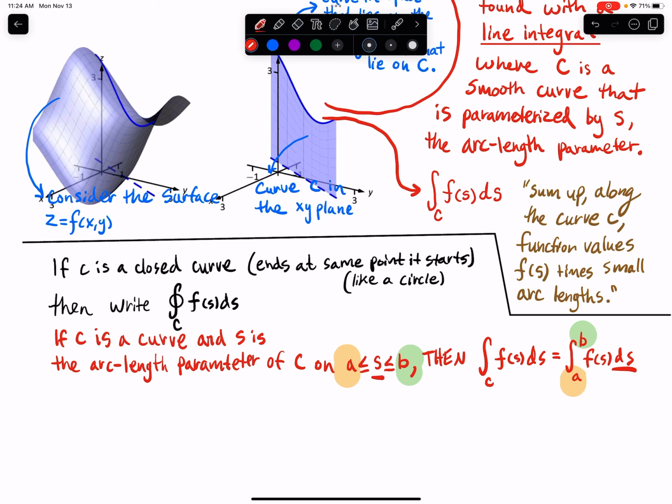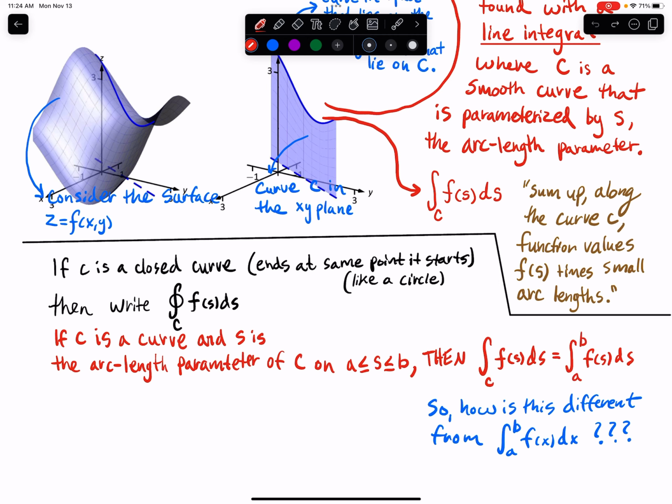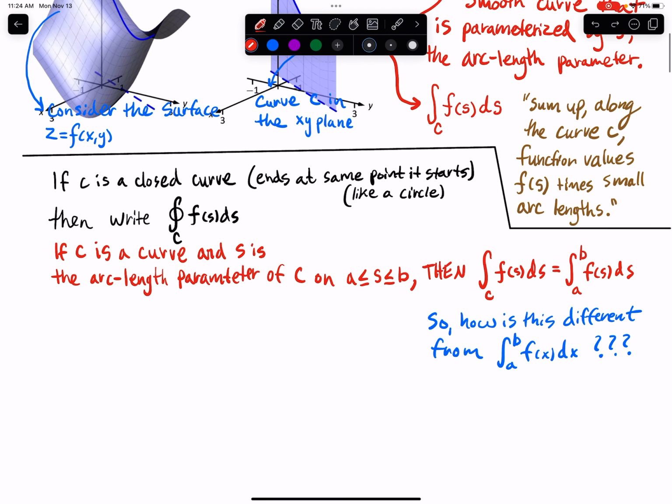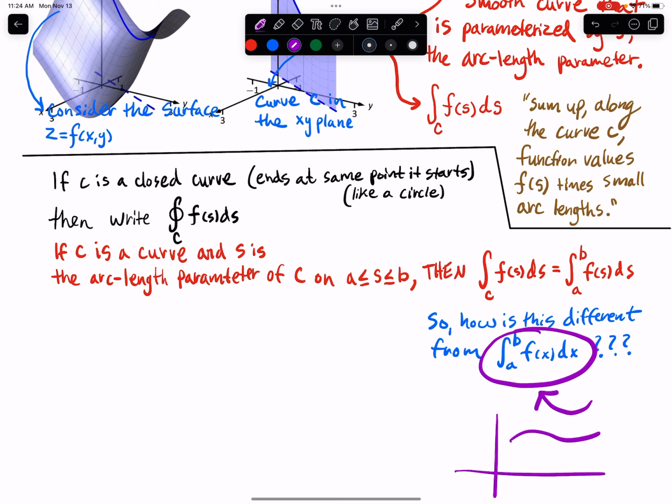Okay? This hopefully looks familiar to you. So how is this really even any different than when we were in Calc 1 and we found the definite integral, which was the area under the curve, right, from a to b, f of x dx.